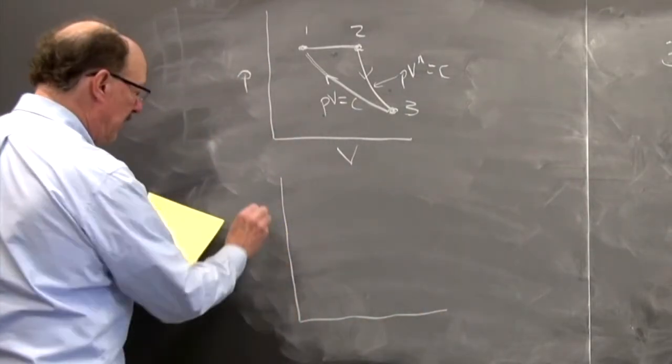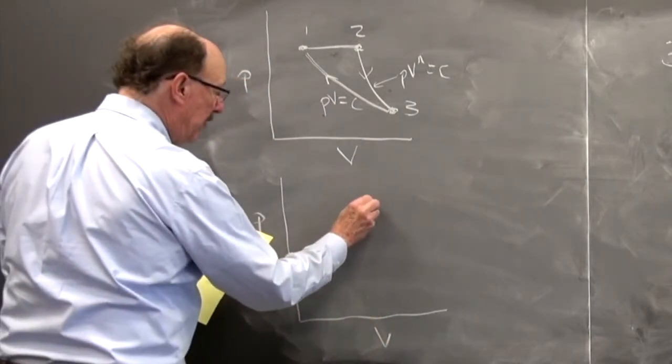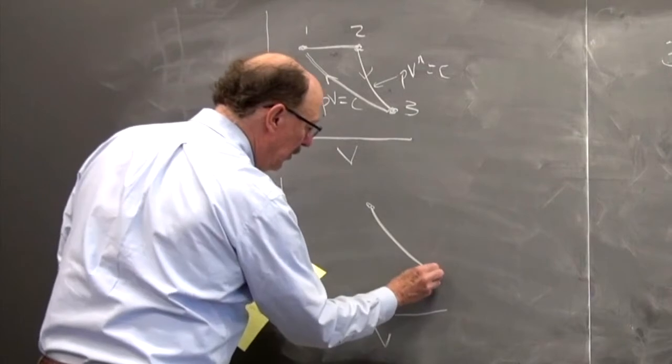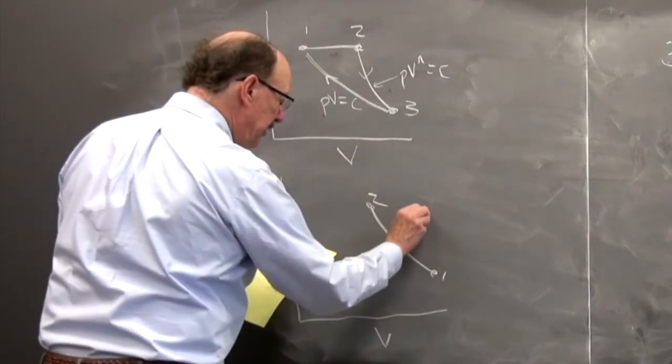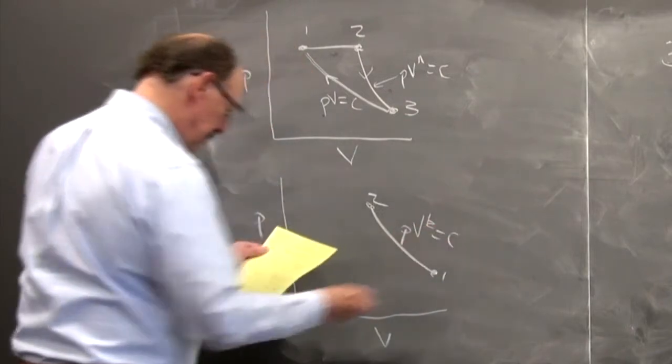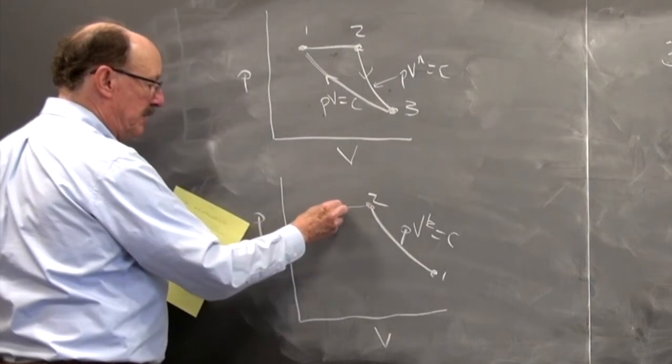So I could have, again with the PV diagram, a process from 1 to 2, and let's say this was PV to the K. And now I'm going to compress the gas.